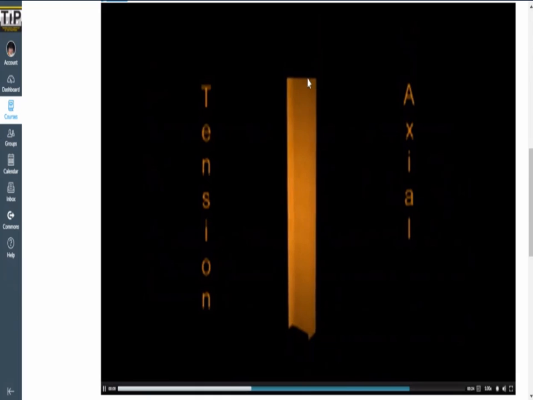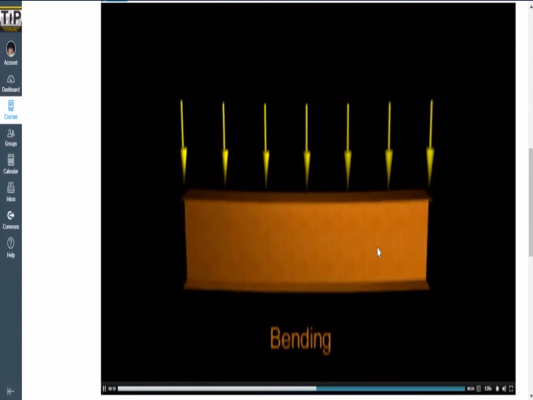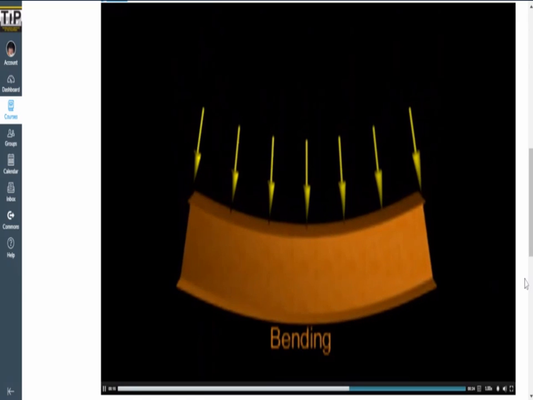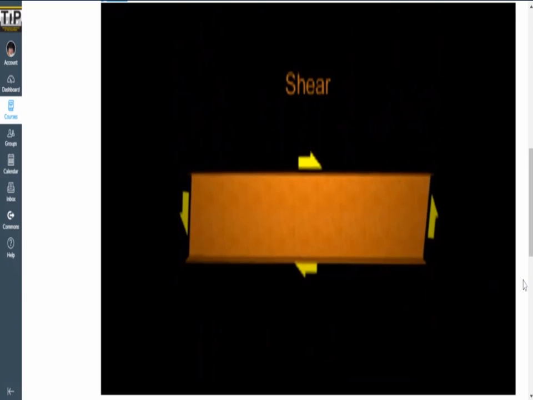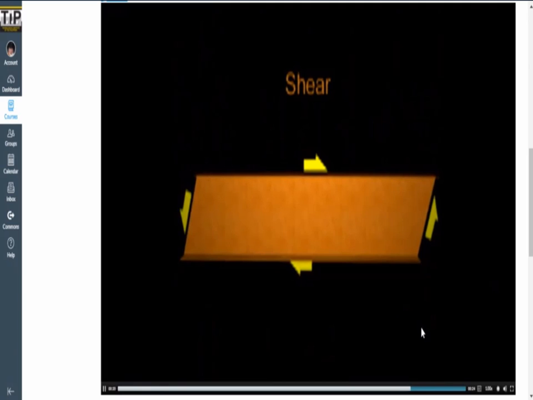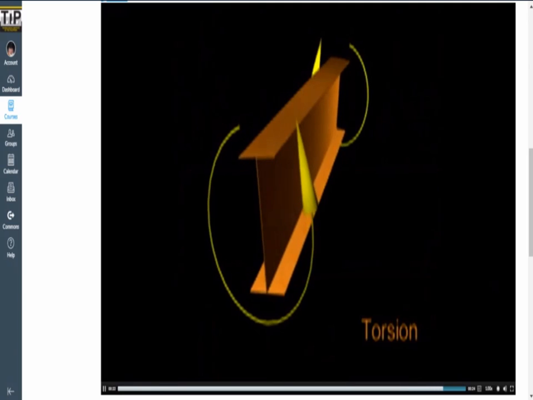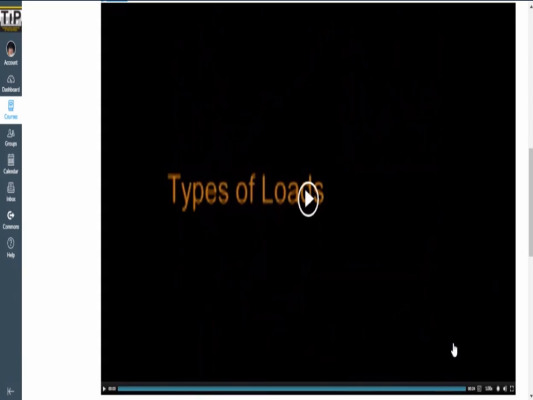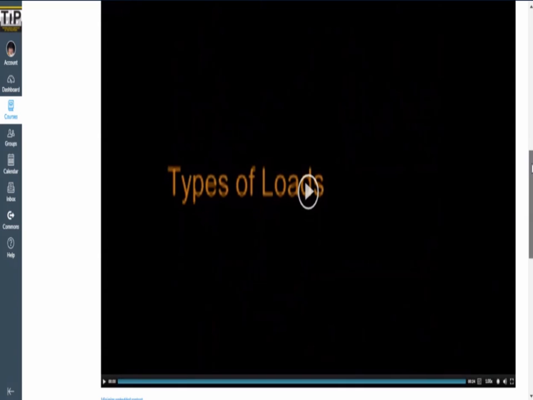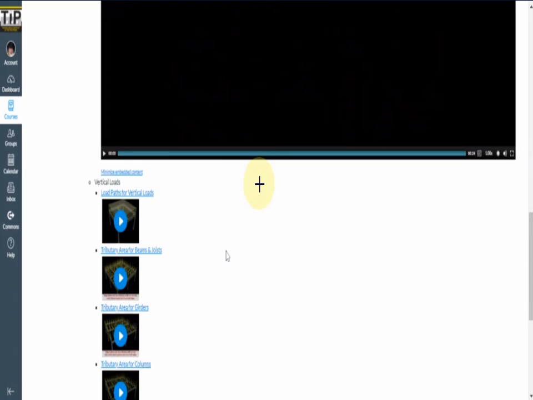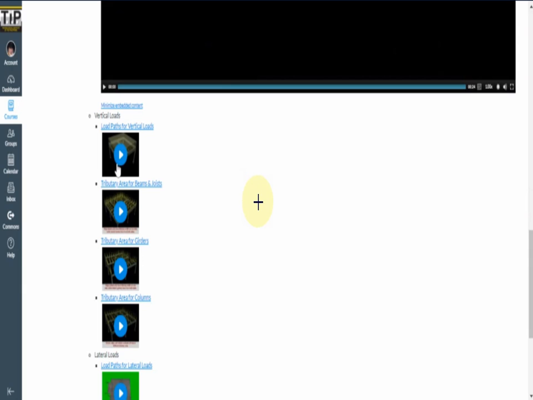We have axial tension. These are the actions that we consider in design. So there you go: axial tension, axial compression, bending, shear, and torsion. Okay, so how do we evaluate how loads go from member to member up to the foundation?